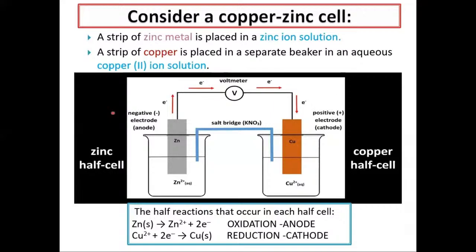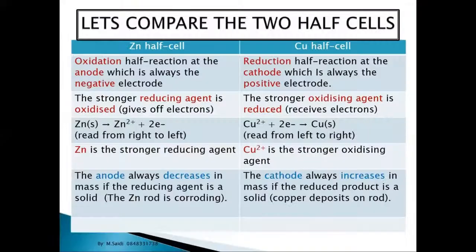you are able to answer them nicely and clearly. All right, let's compare the two half cells. Number 1, zinc half cell, then copper half cell. The one we have talked about: oxidation reaction at the anode, which is always the negative electrode.